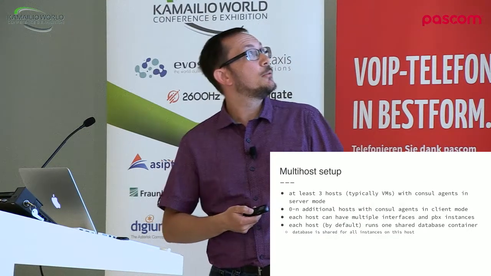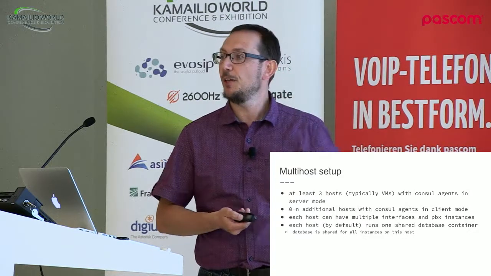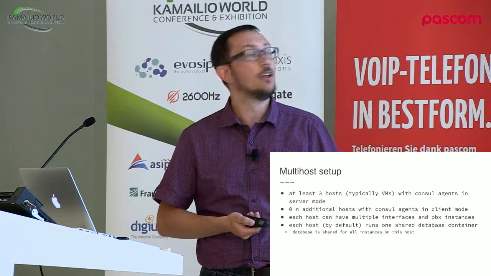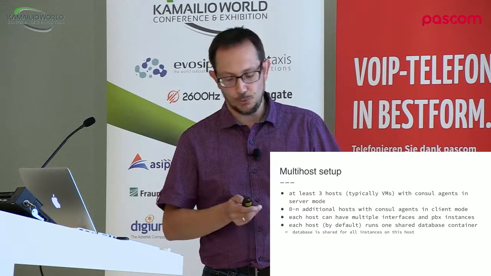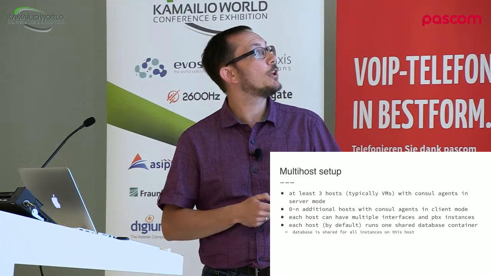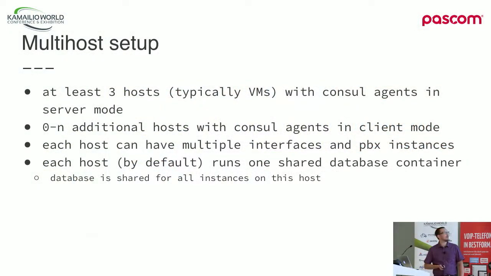Okay, then let's go one step above. It will be a multi-host setup. Of course, in between you can have a VM or just more hardware if you have more end users. In a multi-host setup, you need at least 3 hosts, because that's the smallest deployment where you can have a Consul cluster. You could also have 5 or 7 or whatever you want. And for at least 3 hosts, you would run Consul in the server mode to constantly replicate the data. And then you can have as many additional hosts as you want, but they will run Consul only in the client mode.